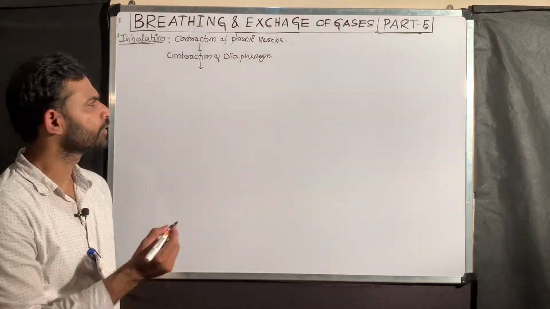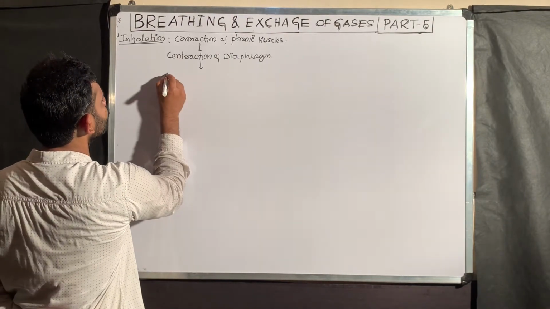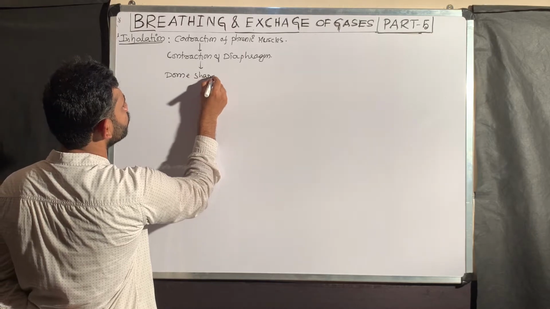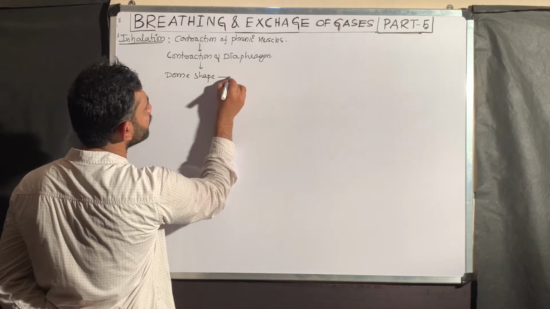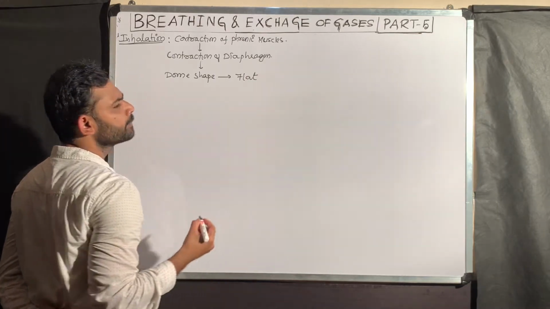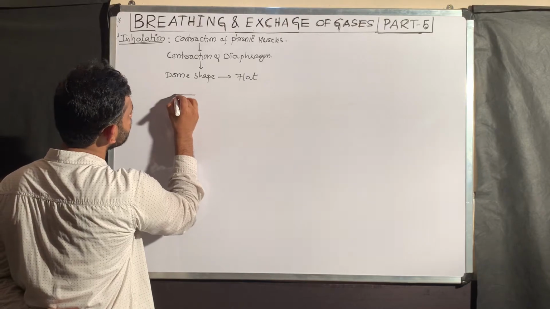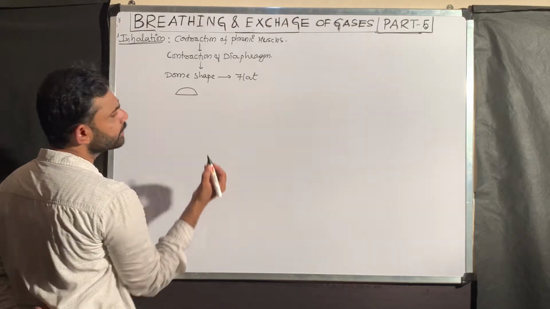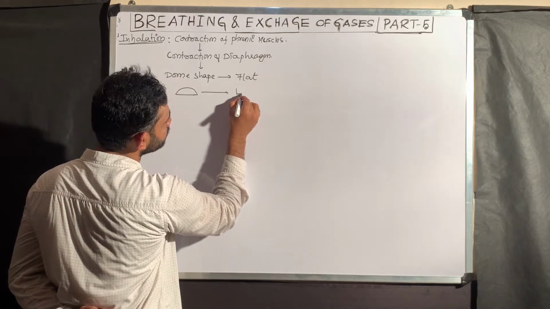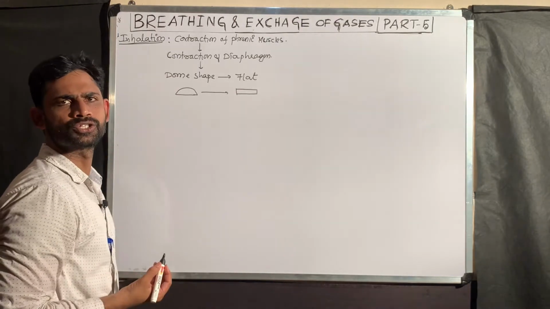Because of contraction of the diaphragm, that dome shape becomes flat. Just for understanding, this is a dome shaped diaphragm. Because of the contraction, automatically it becomes flat, like this.